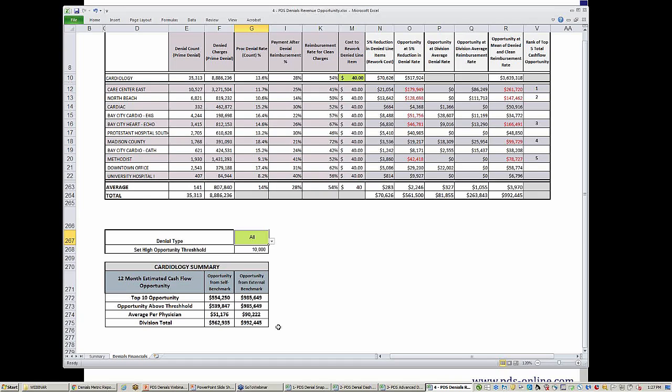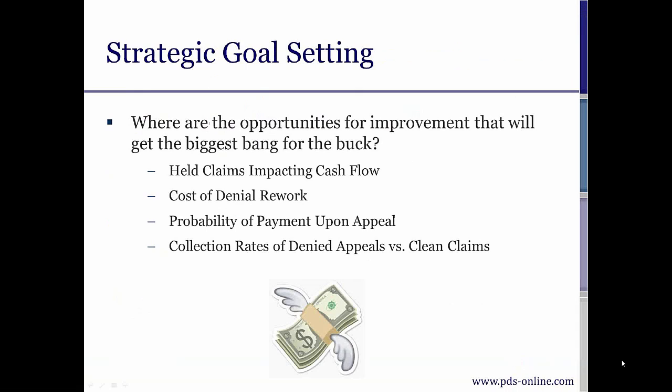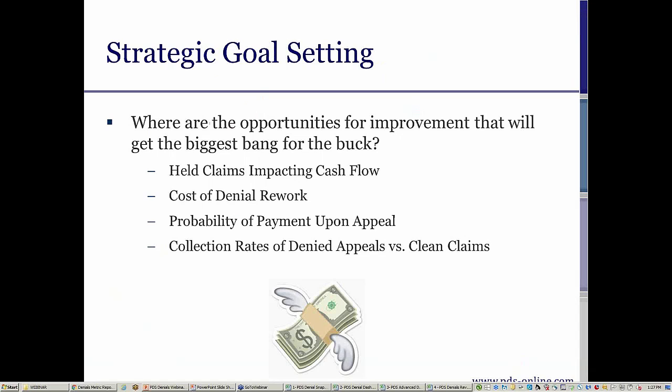So let's talk a little bit about strategic goal setting. Again, we're looking for what are the opportunities for improvement that will give us the biggest bang for the buck. Is it that we have held claims which are slowing down our cash flow? Are they held before the denial occurred in our editing system, or are they being held after the denial occurred? Again, what's it cost us to rework denials?